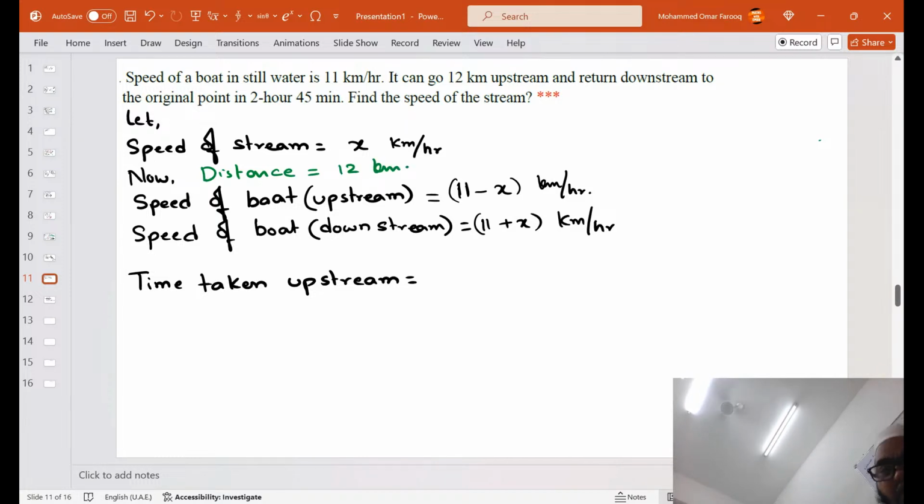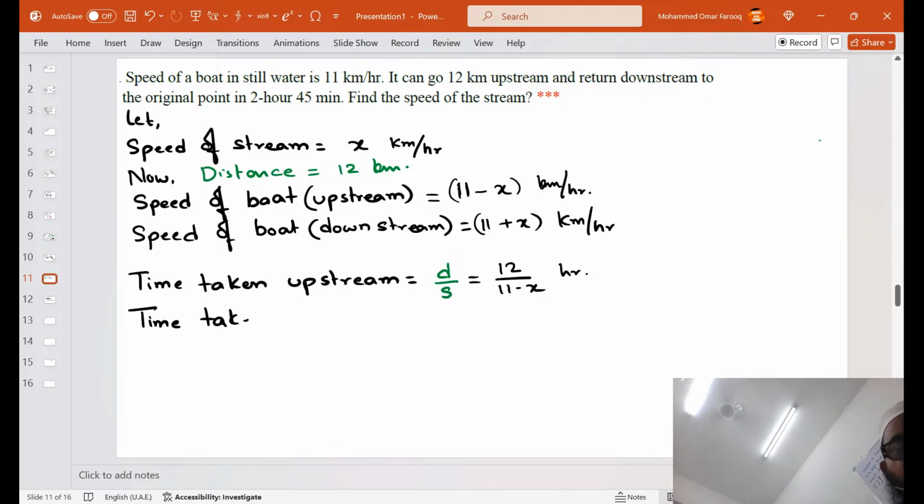It can go 12 kilometers upstream and return downstream. So time taken for upstream is equal to how much? Time taken is equal to distance by speed, right? Distance is 12 kilometers. And what is upstream speed? 11 minus x hours. And everybody understood?